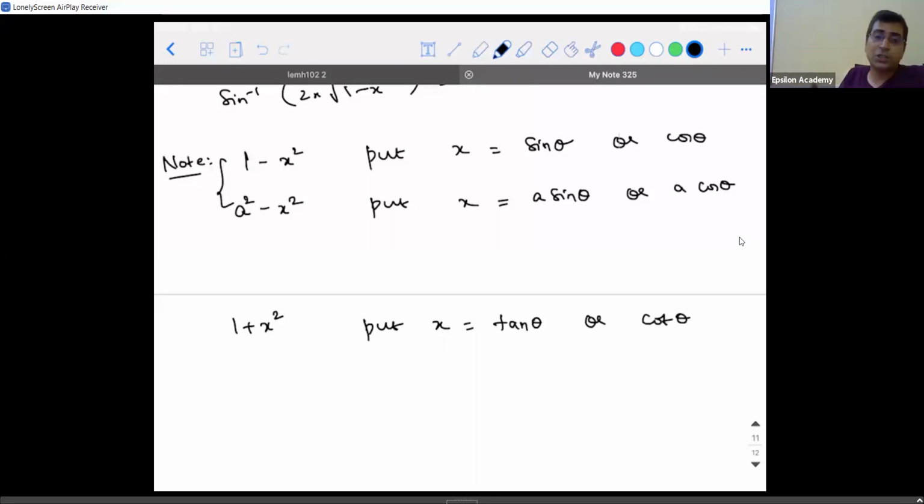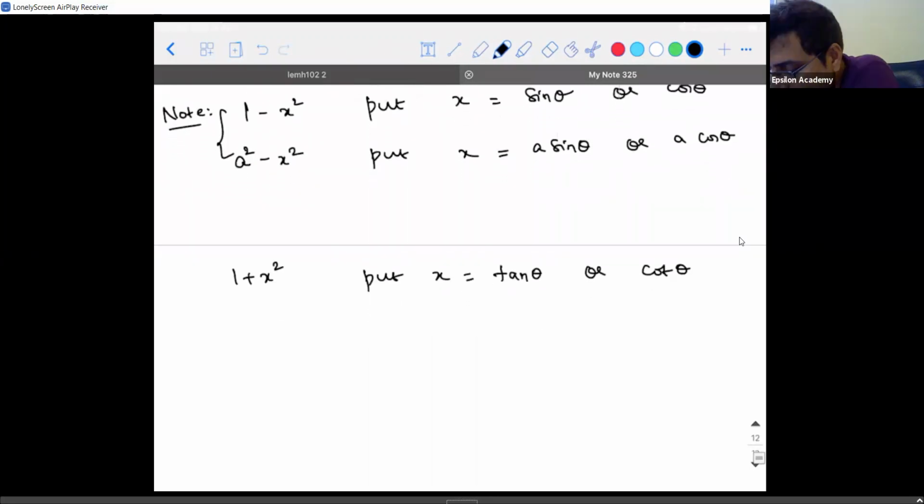The logic I am teaching you here is the same for differentiation and for integration also. At that point you need not memorize it. If I have a square plus x square, then you will put x is equal to a tan theta or a cot theta.